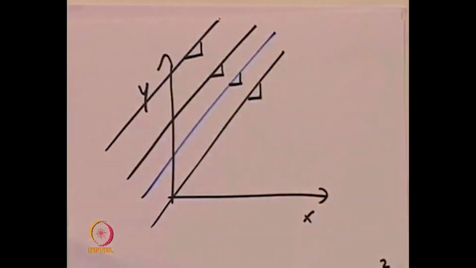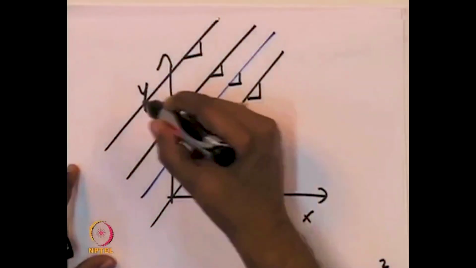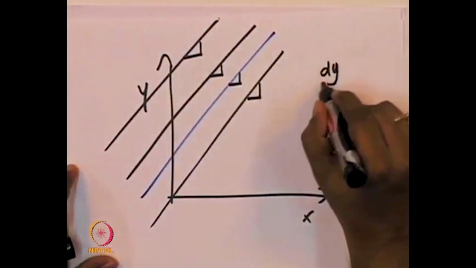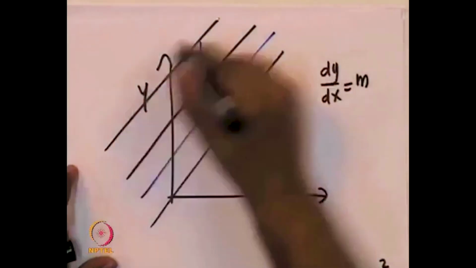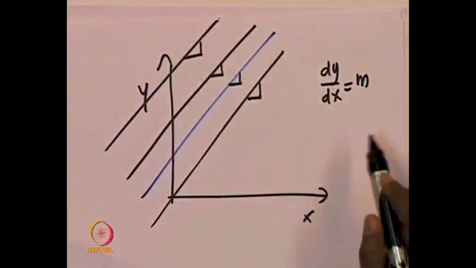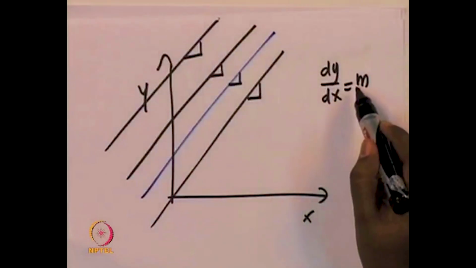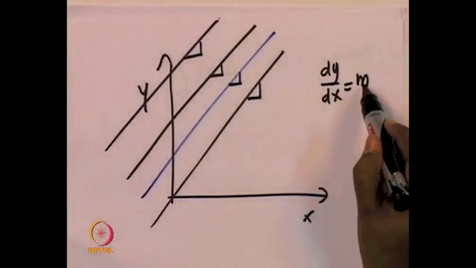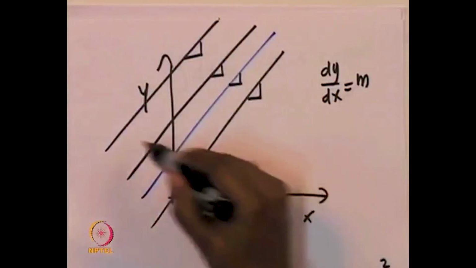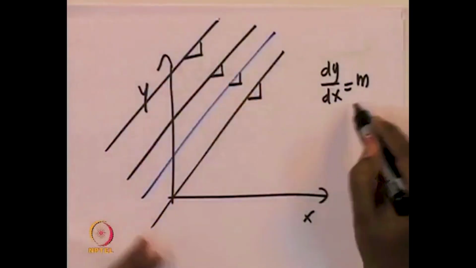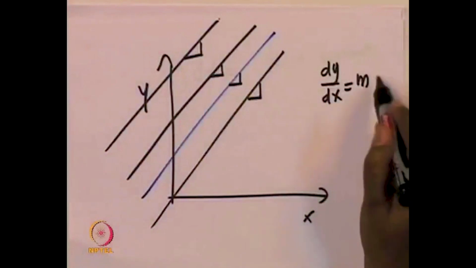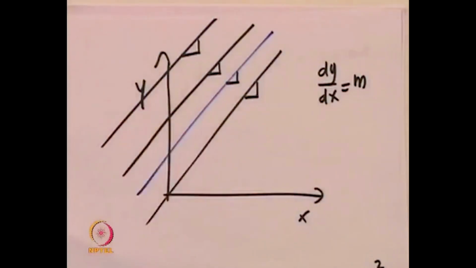Each of these curves has a derivative dy by dx equal to m. That means the integral of m will give you any of these curves.